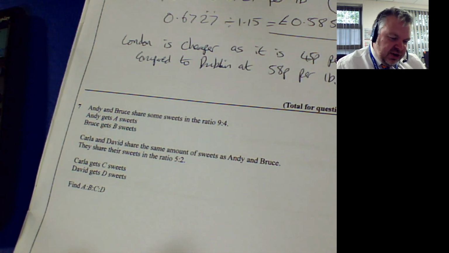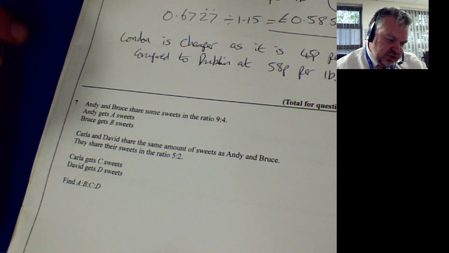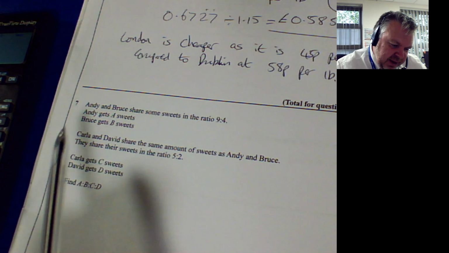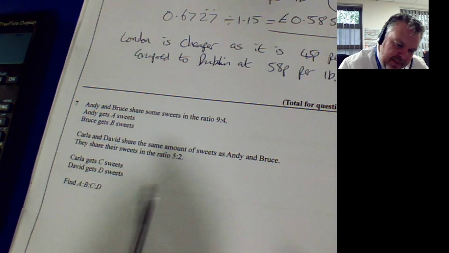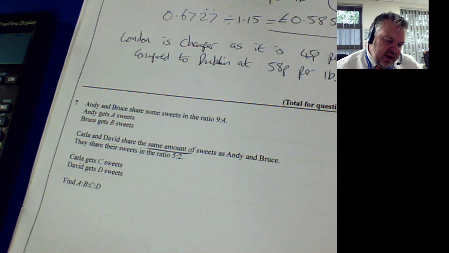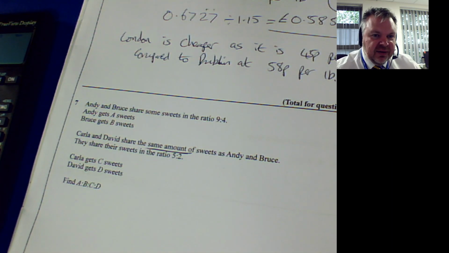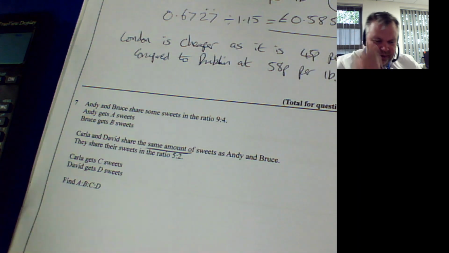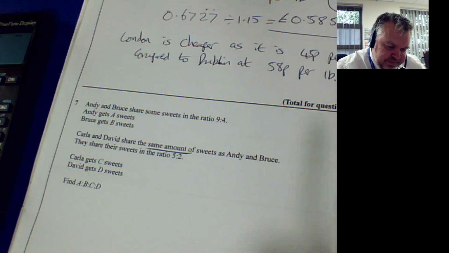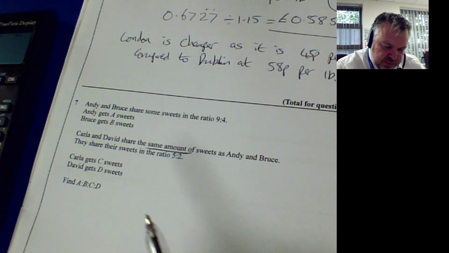Okay, let's have a look at this ratio question then. So Andy and Bruce share some sweets in a ratio of 9 to 4. Andy gets A, Bruce gets B. Colin and David share the same amount of sweets as Andy and Bruce. They share their sweets in the ratio of 5 to 2. Interesting. Okay, so we've got numbers here that don't really jump out at me.